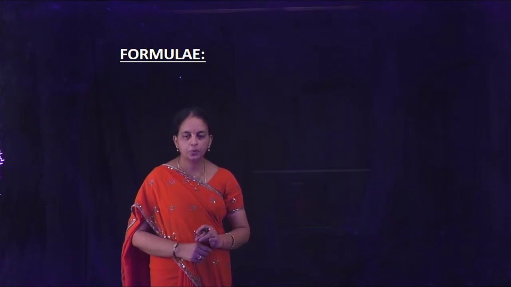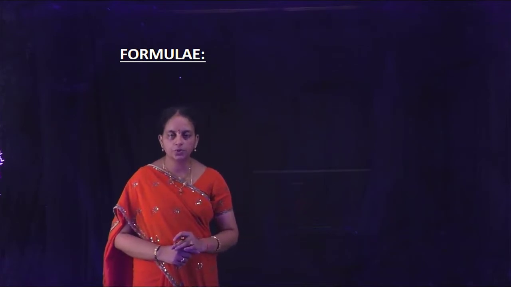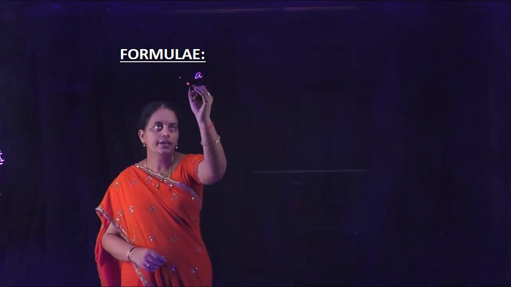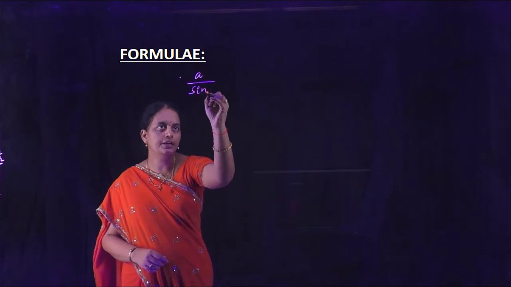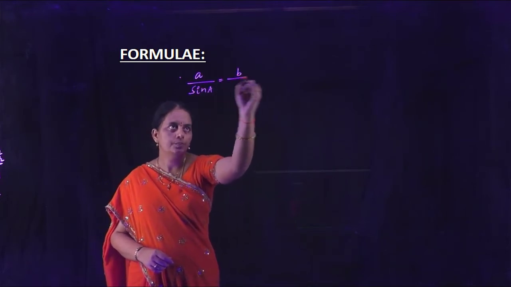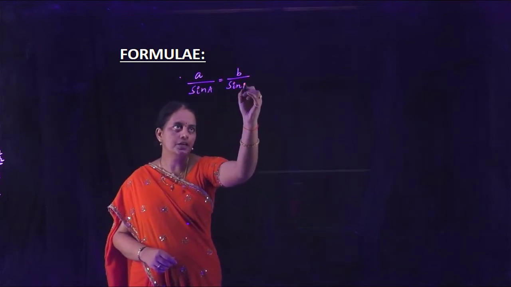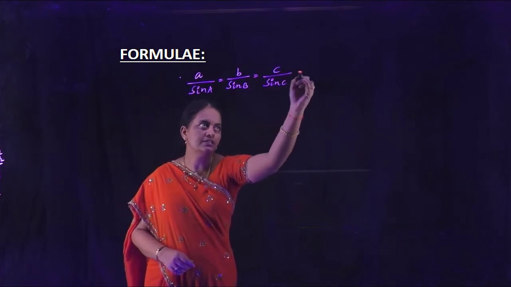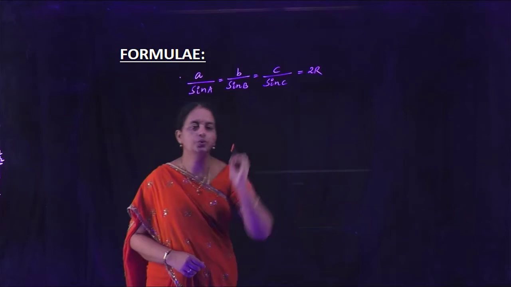Similarly, we can prove b by sin B is equal to 2r and c by sin C is equal to 2r. Therefore, a by sin A is equal to b by sin B is equal to c by sin C is equal to 2r.